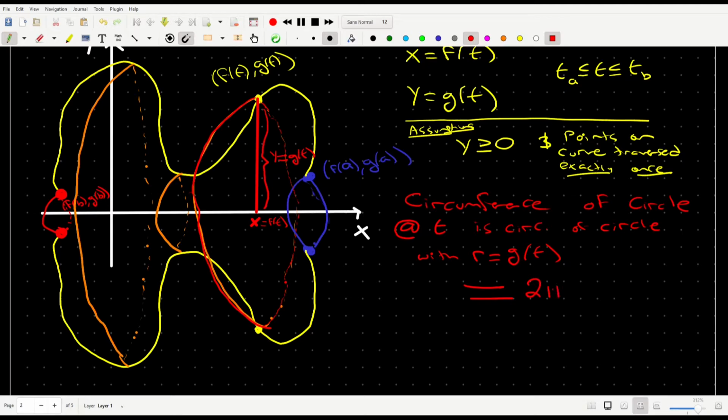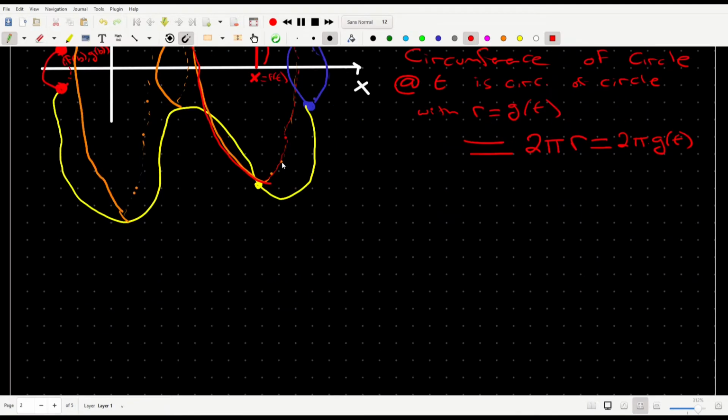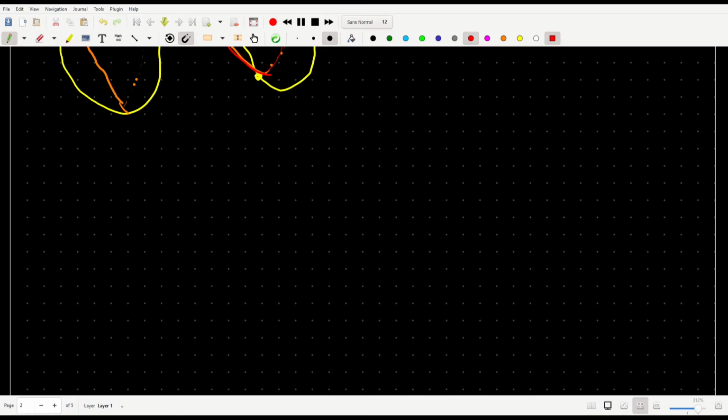the circumference of this circle is going to be 2 pi times r, or 2 pi times g of t. Because remember, the radius of this circle at some point t is just going to be the y coordinate of that point, which is going to be exactly g of t.